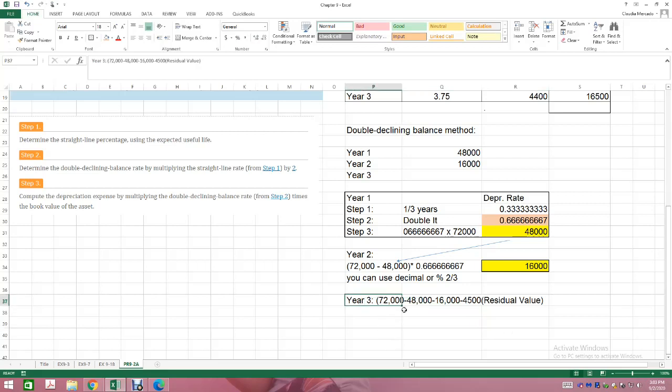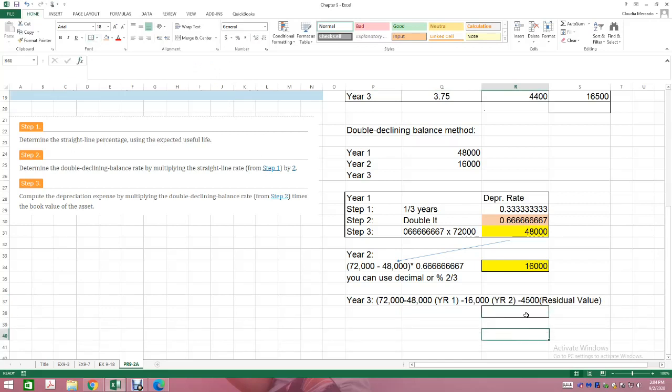So it's 72,000 minus 48,000, that's year 1. 16,000 is the depreciation for year 2, minus the residual value. And then that will let us know how much depreciation we're going to have for year 3. Remember, we have to depreciate and stop at $4,500.